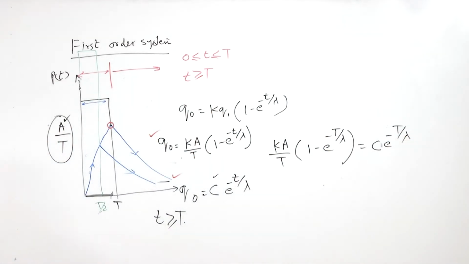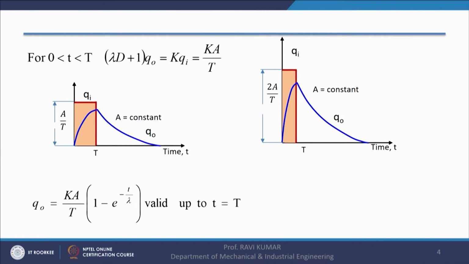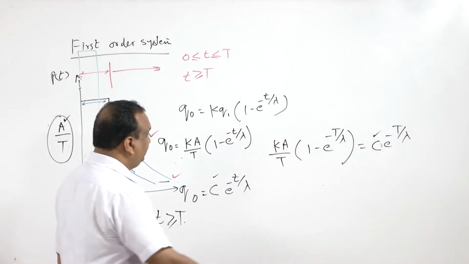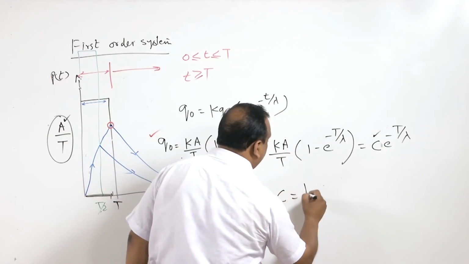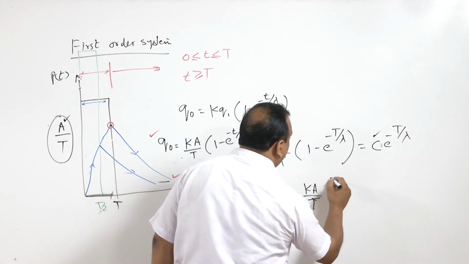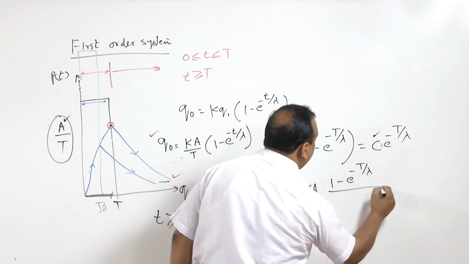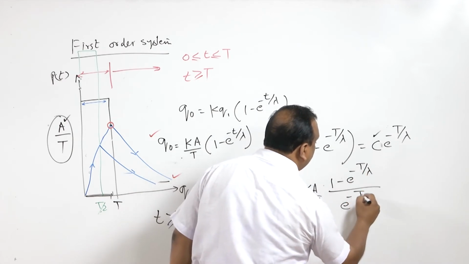Now in this equation, the unknown is only C. So C is K a by T (1 minus e raised to power minus T by lambda) divided by e raised to power minus capital T by lambda.